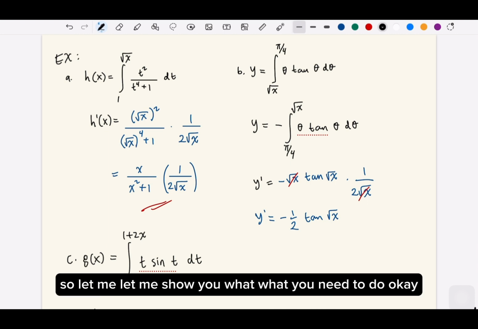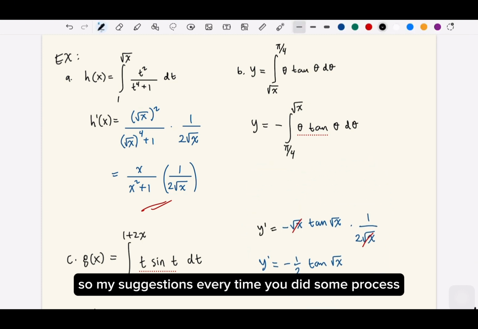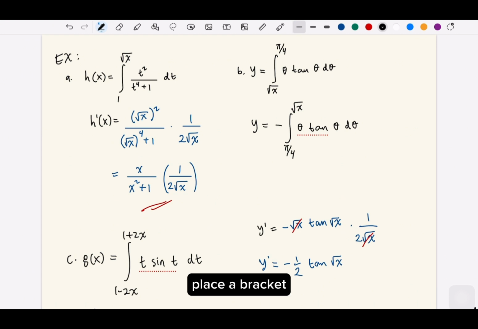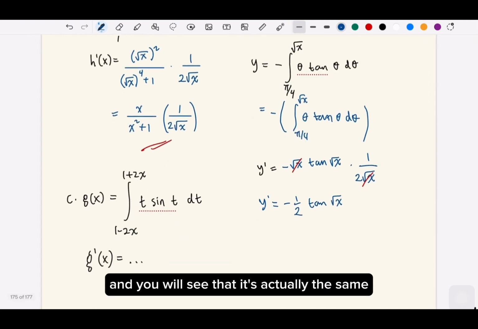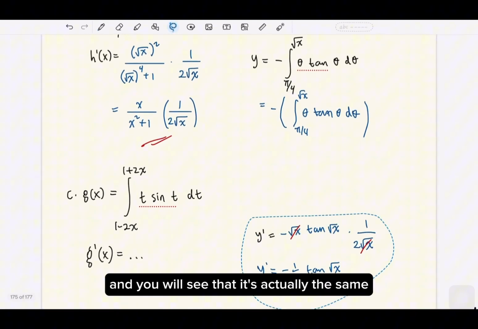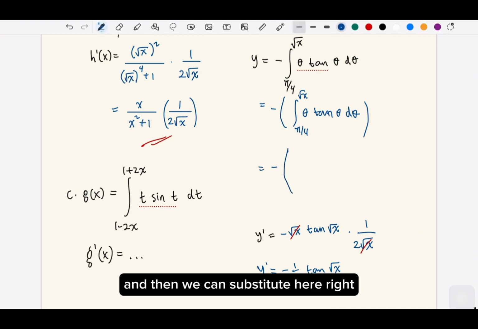Okay, so let me show you what you need to do. My suggestion: every time you do some process, place a bracket. Let me show you. Minus, I will put a bracket here. And you will see that it's actually the same. So negative, bracket, and then we can substitute here, right?